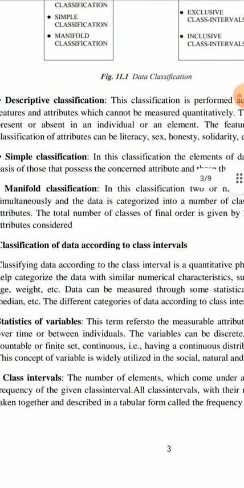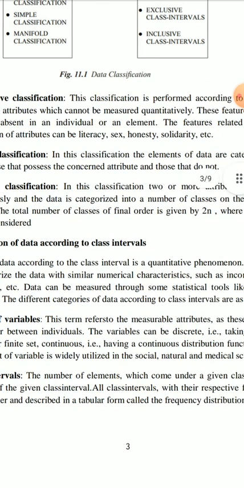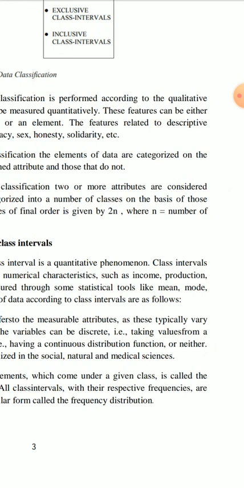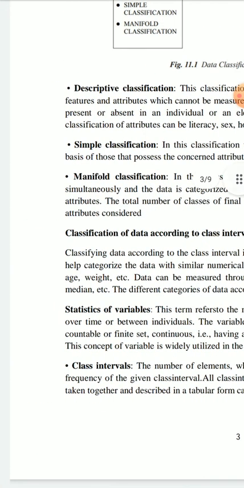The total number of classes of final order is given by the formula 2^n. Again I repeat, this is calculated by the formula 2^n, where n is the number of attributes considered.